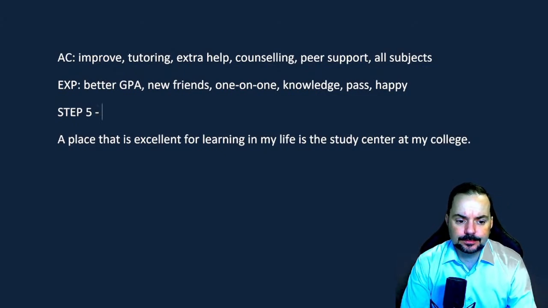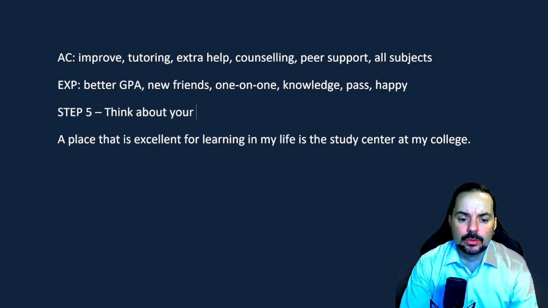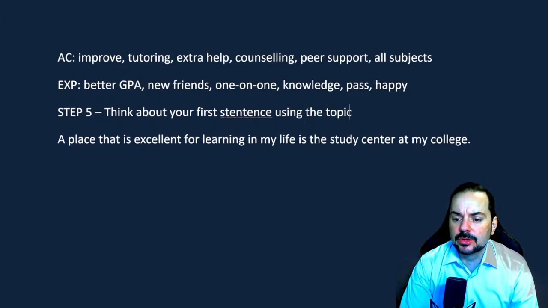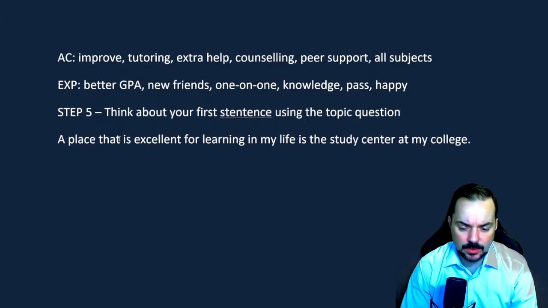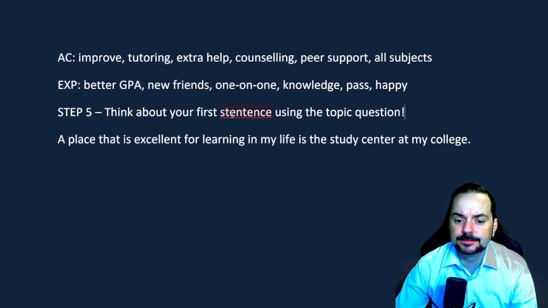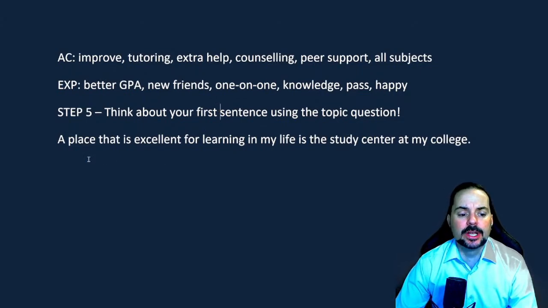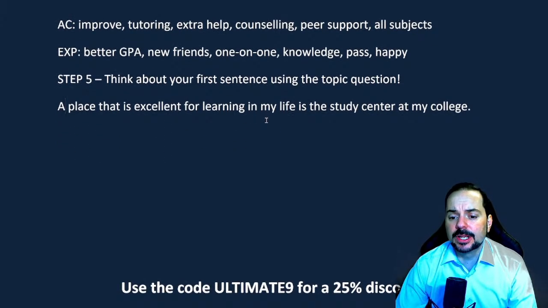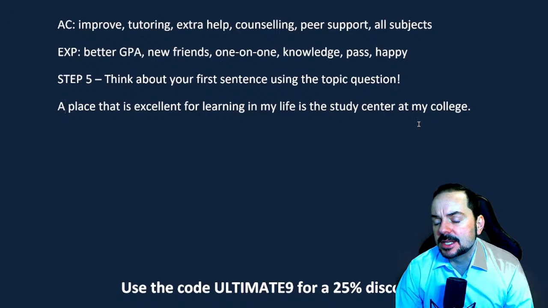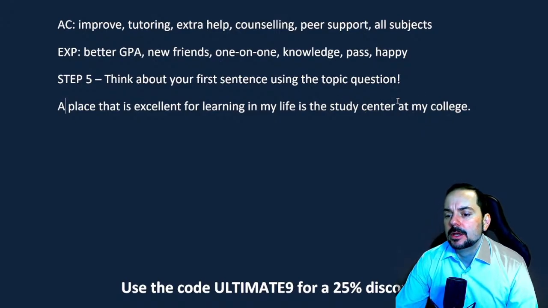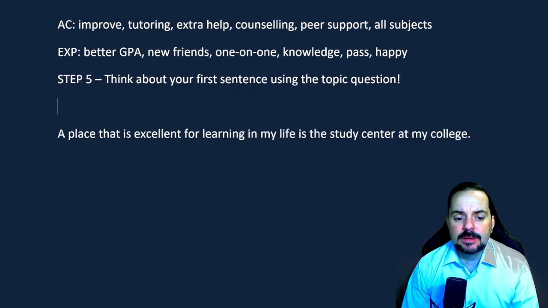So think about your first sentence using the topic question. Okay. And in this case, it was a good place for learning. So a place that is excellent for learning in my life is the study center at my college.